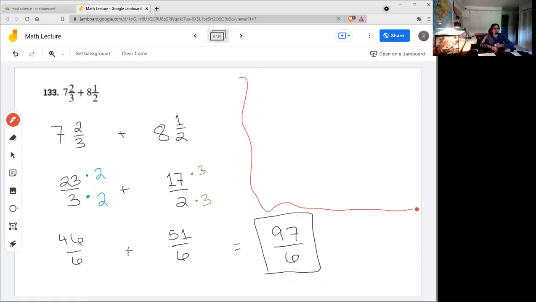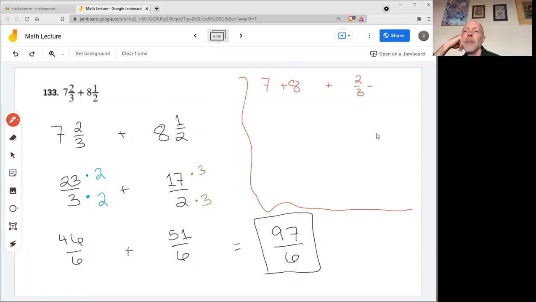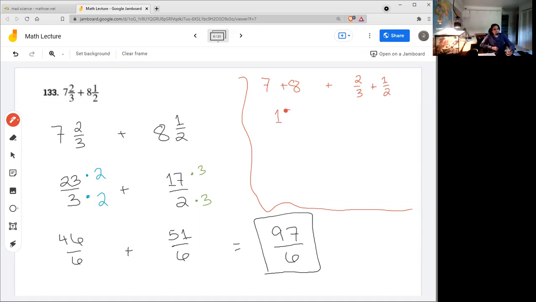Over in this box, I'm going to do something. I could do this problem a different way. I could say we're going to add up the 7 plus the 8, and we're also going to add up the 2/3 plus the 1/2. And so the 7 and 8 will be 15. And then what's happening with the 2/3 and the 1/2?